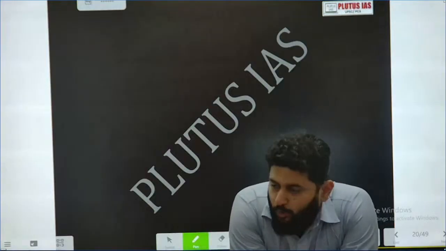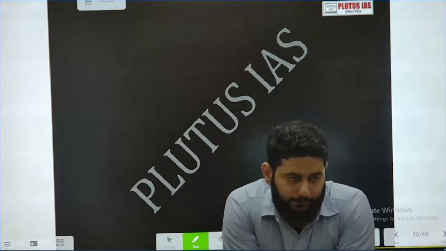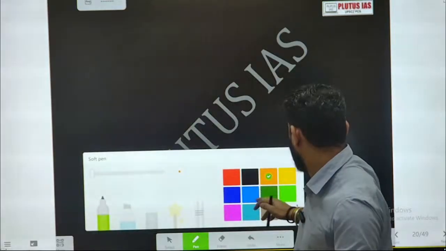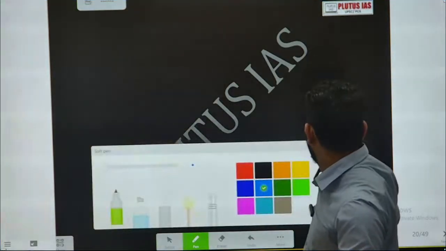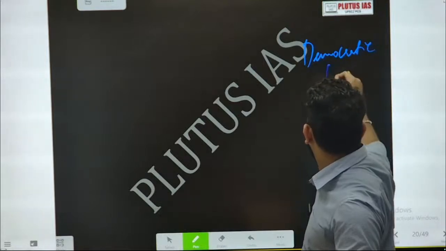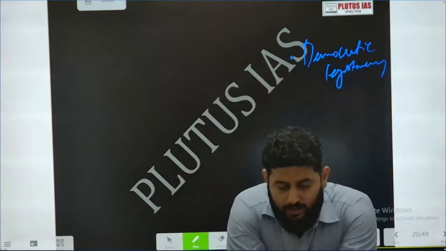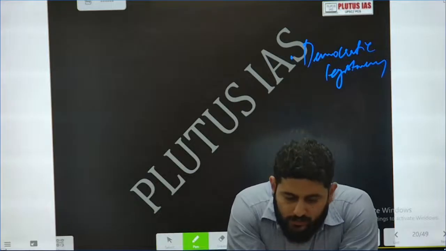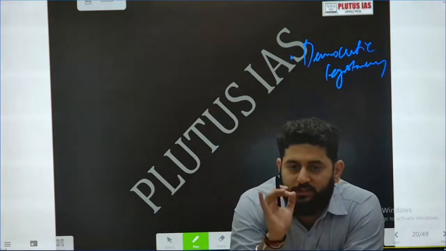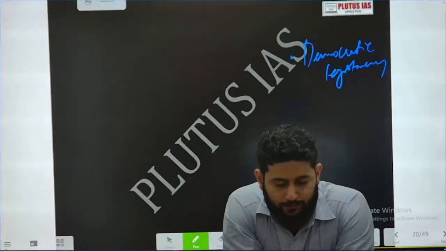First is democratic legitimacy. What is democratic legitimacy? ये कर लेते हैं. First point, automatic elections without a poll may appear undemocratic to citizens. That is democratic legitimacy.